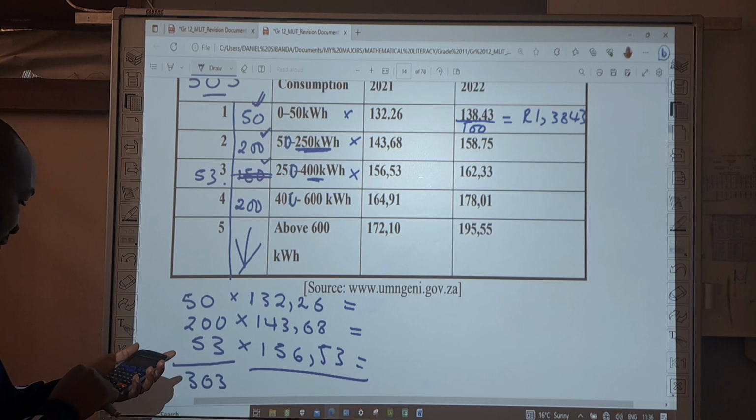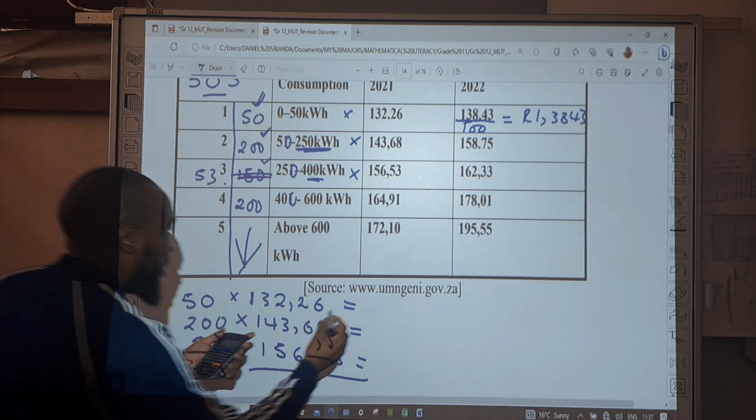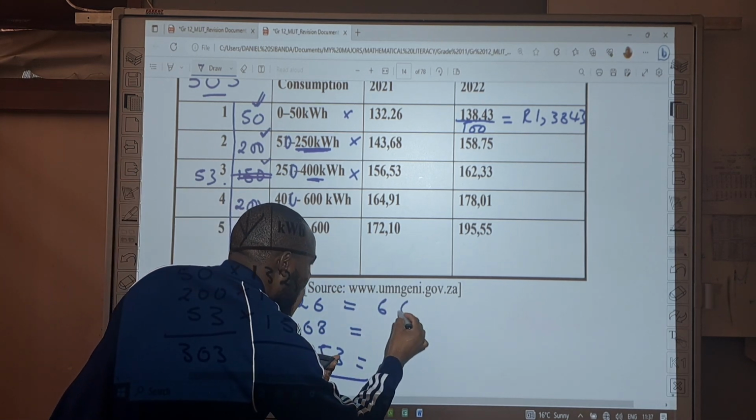On our calculator, 50 multiplied by 132,26 gives us 6,613.